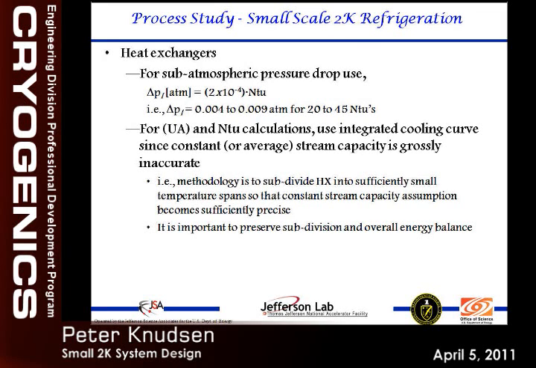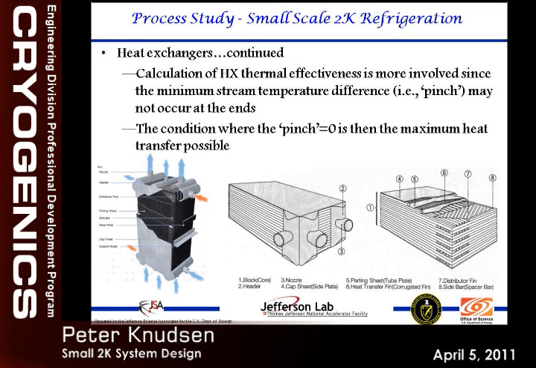And I already mentioned that the UA and NTU calculations were done using an integrated cooling curve, since C sub P is non-linear. For those who are interested in how that works, the book Cryogenic Heat Exchange by Barron outlines that.